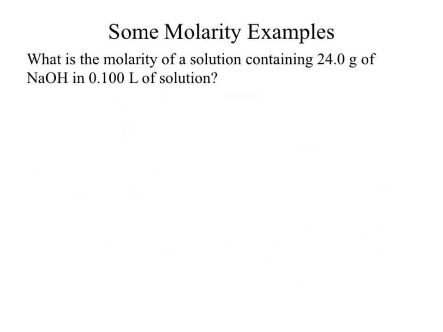Okay? So what is the molarity of a solution containing 24.0 grams of NaOH in a 0.100 liter solution? So what is our molarity? What are we trying to solve for?